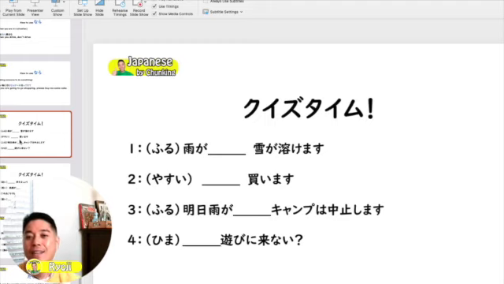Furu. 雨が雪が溶けます。Okay, so have a piece of paper and a pencil and write down your answer. If you like, you can pause this video and think about it if you need more time.